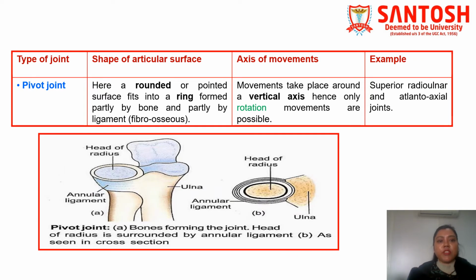Now the pivot joint. It has a rounded surface which fits into a ring, and there is a vertical axis where the movement happens. So rotation movements happen here. The superior and inferior radioulnar joints and atlantoaxial joints are examples of the pivot variety of synovial joint.